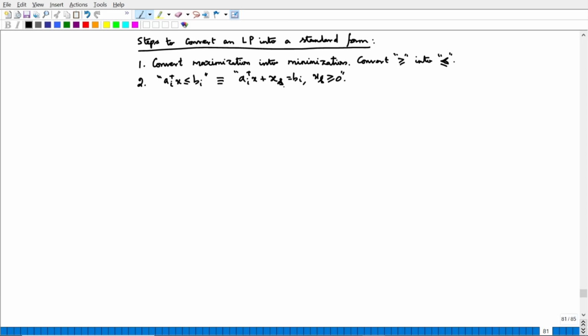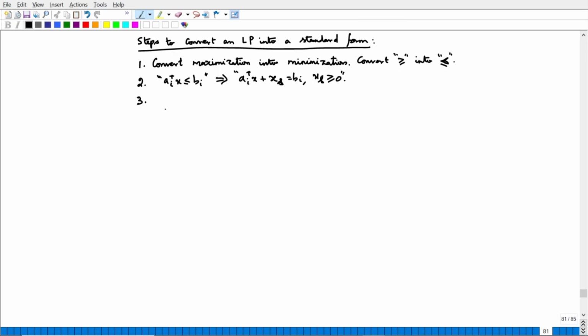If you have this, then make it this. Whenever you have an inequality constraint that is less than or equal to, you can make any ai transpose x less than or equal to bi as ai transpose x plus xs equal to bi, xs greater than or equal to 0. When you do this, you are converting it into standard form.